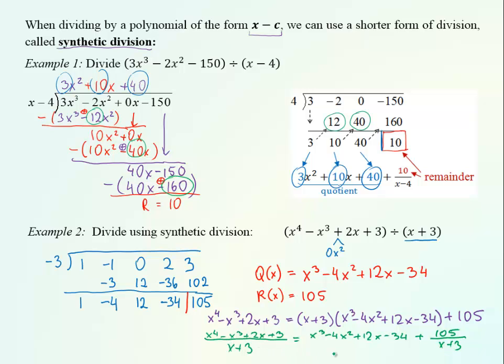So we can express the quotient that way, plus some remainder, or we can rewrite that the polynomial is the divisor times a quotient plus a remainder.